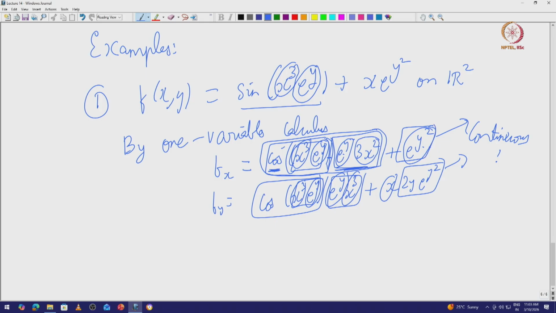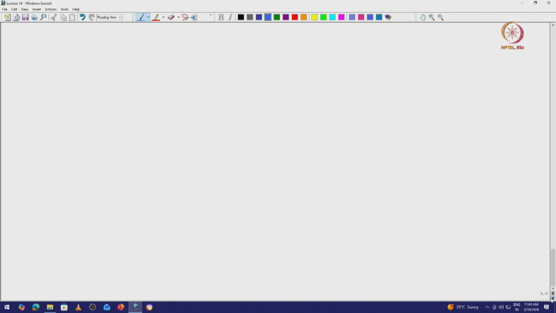Okay. So it's just an application of the rules we have done so far. So very quickly, f is C1 on R2 and hence differentiable. Okay. Notice this would have been a very hairy affair had we done this with first principles.